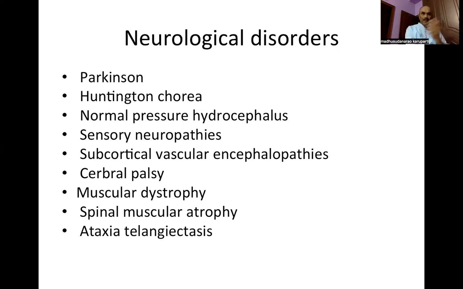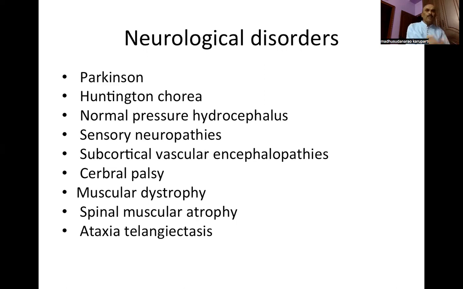You have Huntington's chorea, which is an autosomal dominant disorder. A condition called normal pressure hydrocephalus is associated with gait disturbance, dementia, and urinary problems in terms of incontinence.